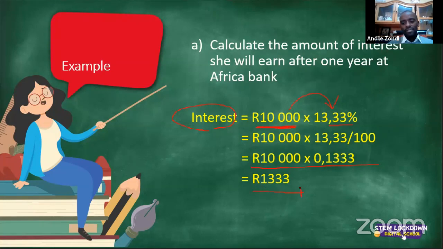So that is the answer. I think that is simple and straightforward. So after 1 year, Zandile would have earned an interest of 1,333, having invested 10,000 for the first year.